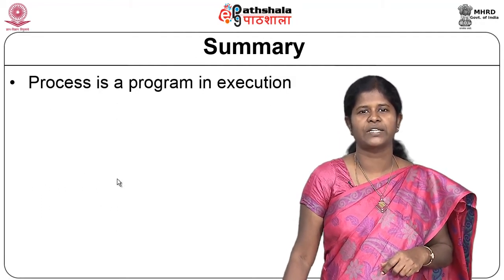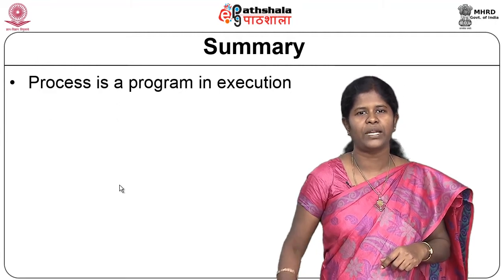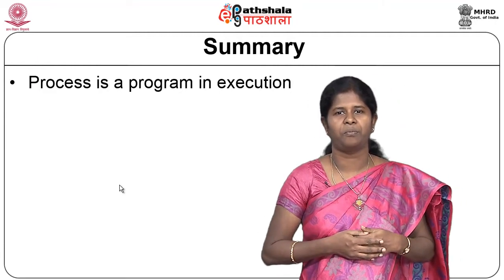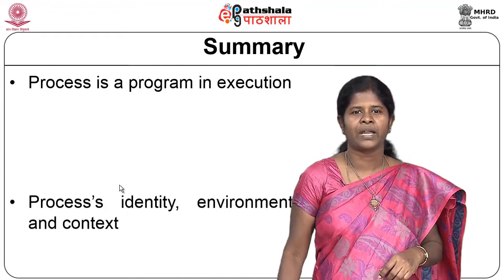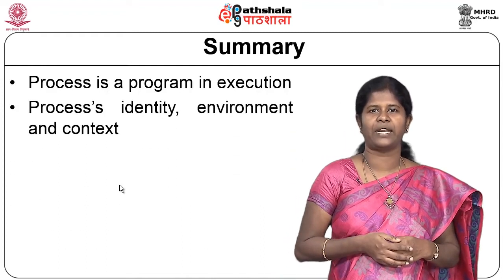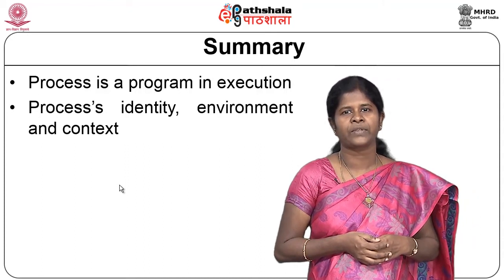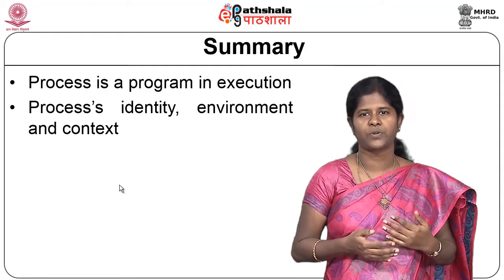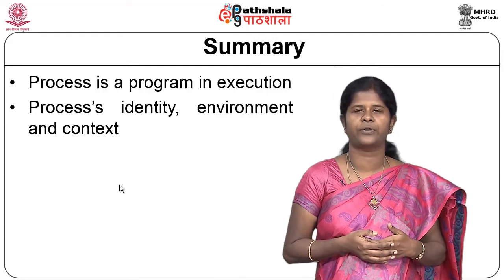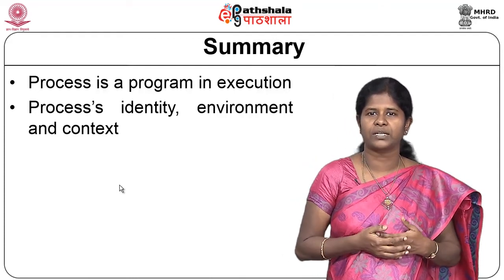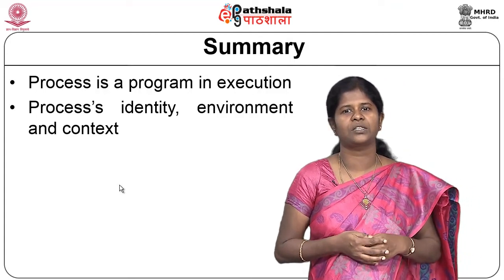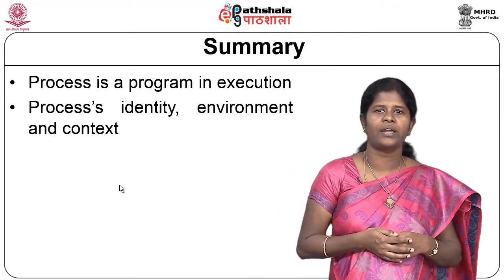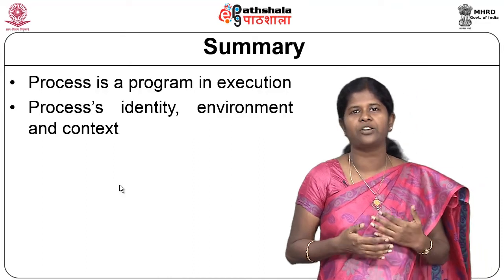So, the summary of this class is, we learnt what is meant by a process. We all know a process is a program in execution, and we saw how process management is done in Linux. We learned that there are different process properties like the identity of a process. We learnt about credentials, about PID or process ID, about namespace, and so on, and we learnt about the environment of a process.